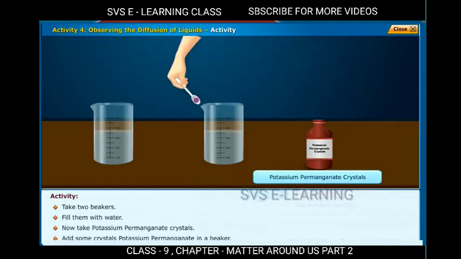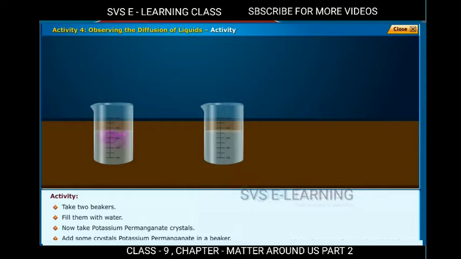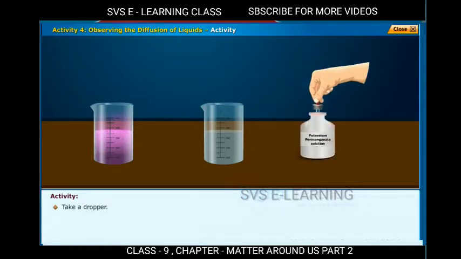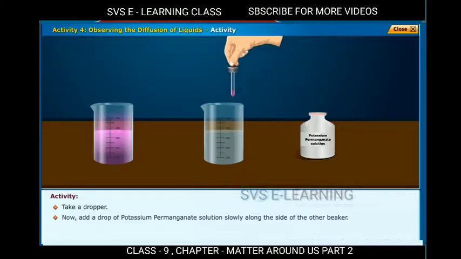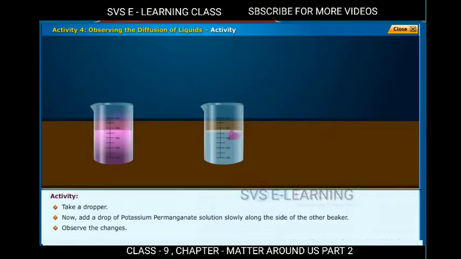Add some crystals of potassium permanganate in a beaker. Take a dropper. Now add a drop of potassium permanganate solution slowly along the side of the other beaker. Observe the changes.